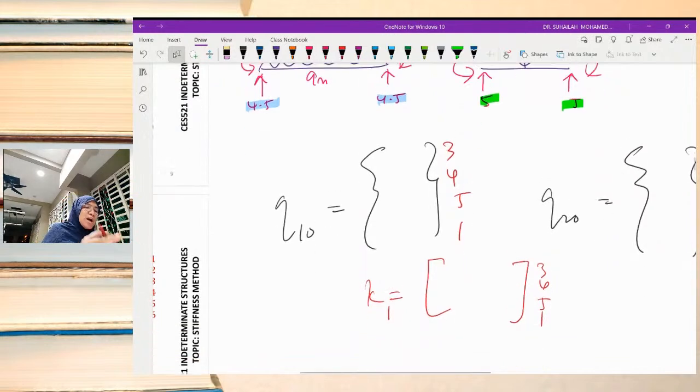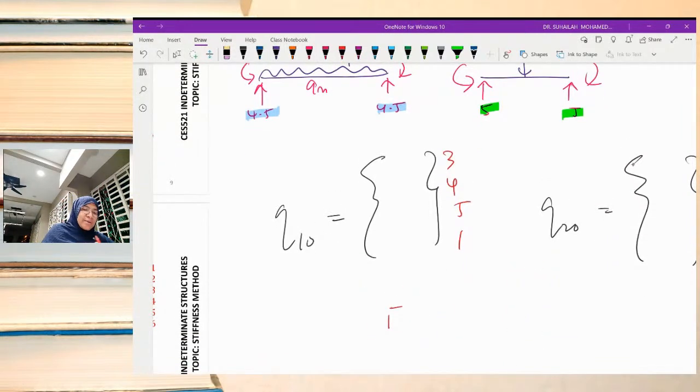That is why there was one more diagram earlier, and in that diagram there is this label. This is actually the label that we have used in labeling K1, 3, 4, 5, 1.